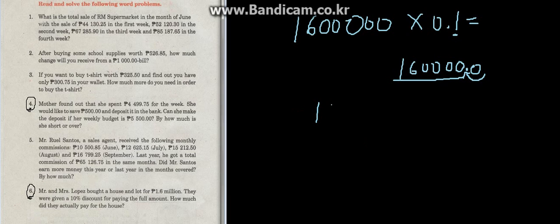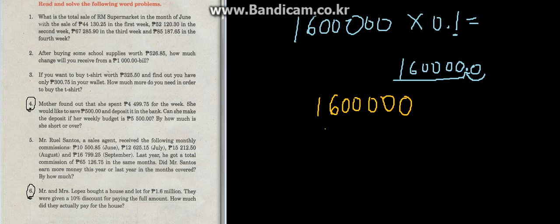So they were given a 10% discount. That means now you have to subtract. Because what you are trying to find is not how much discount they got, but how much they actually paid for the house.